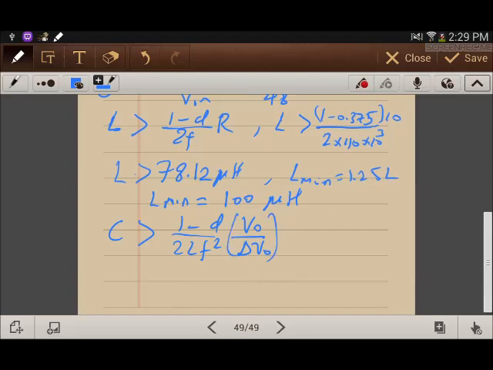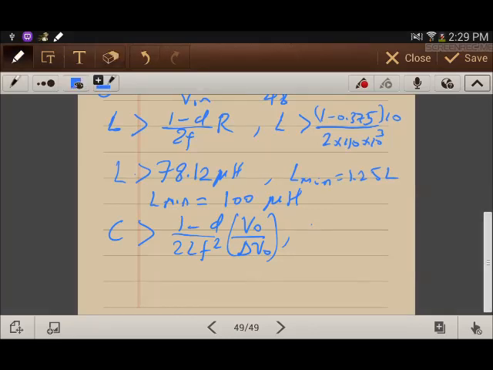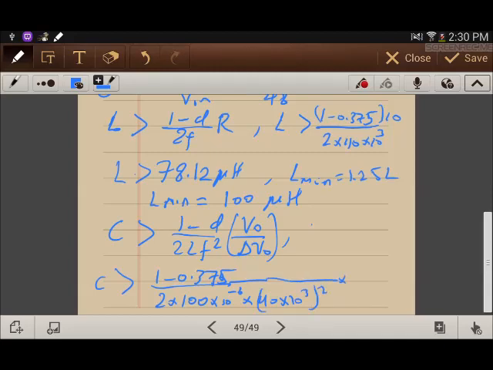So I will get that C should be greater than (1 minus 0.375) divided by 2 multiplied by the inductor I've chosen, which is 100 multiplied by 10 to the power minus 6, multiplied by 40 multiplied by 10 to the power 3 squared, multiplied by delta V out over V out, which is 1 over 0.005%.